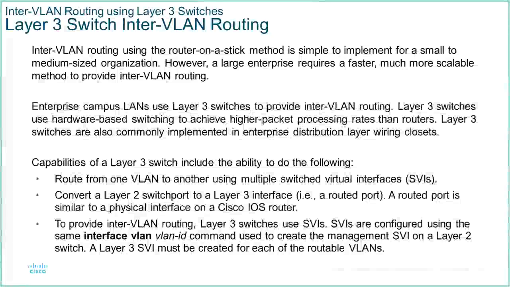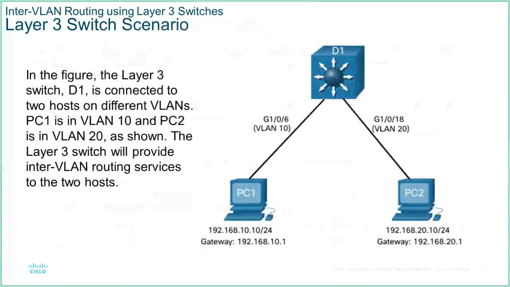And with the switched virtual interfaces configured for each of the VLANs that it needs to switch between, we can then route between the VLANs after we engage IP routing on the layer 3 switch. So basically with a layer 3 switch, we can just set them up and we basically will have inter-VLAN routing.